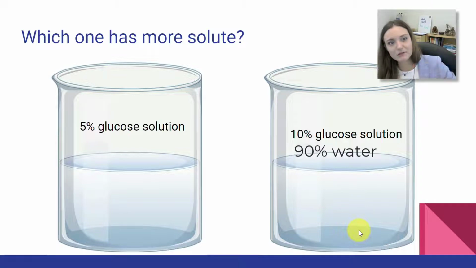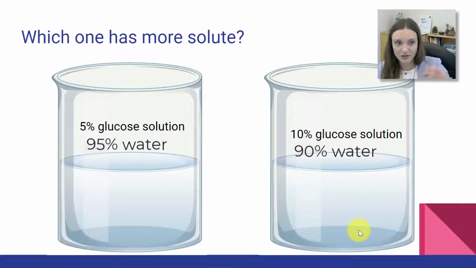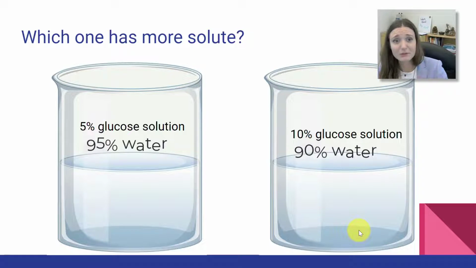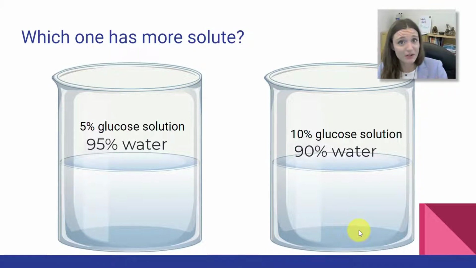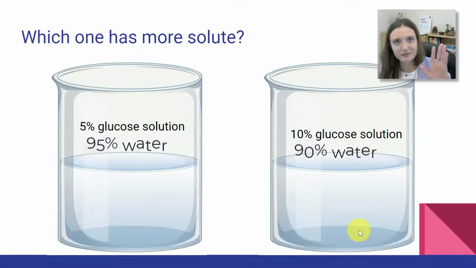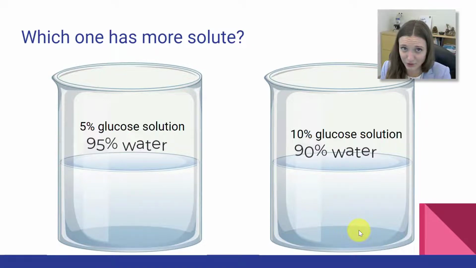With a 5% glucose solution, 95% of the rest of that solution is water. So our solvent and our solute will always add up to 100. We're going to use some special terms to talk about the differences in these solute concentrations in just a minute, but I just want to lay this groundwork first. When we're talking about osmosis, we're really talking about which side of a membrane has a higher solute concentration.